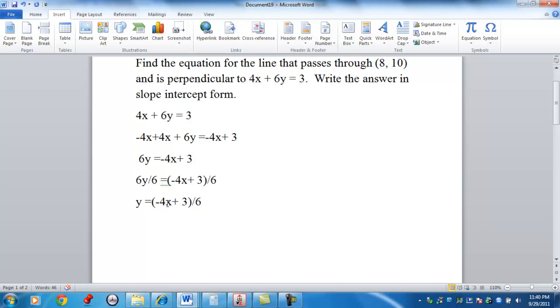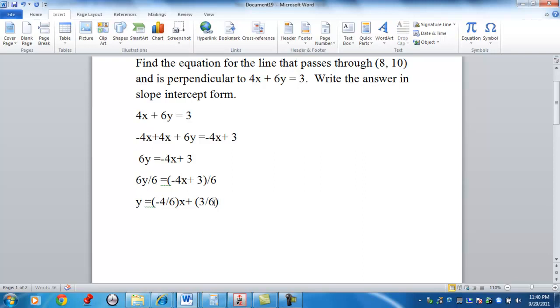On the right-hand side, we can use the distributive property. We can divide each of these terms by 6. Now the coefficients, negative 4 and 3, in distributing the 6, you're going to have negative 4 over 6 and then 3 over 6. So in essence you have two fractions here.